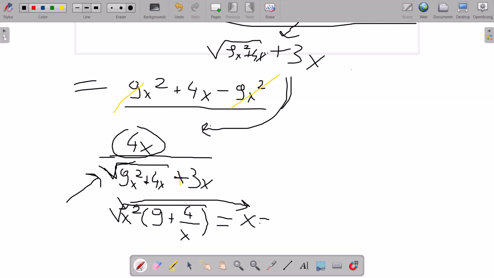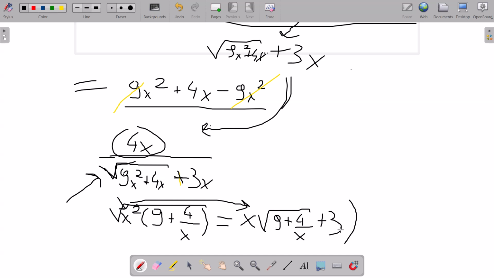Then you will have here the square root of 9 plus 4 over x, plus 3.